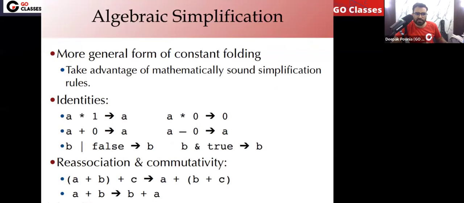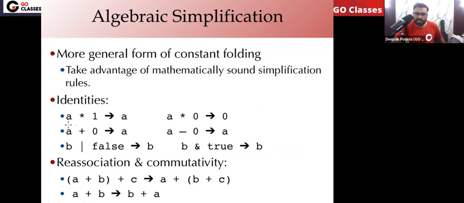Let's see the next optimization, that is algebraic simplification. You can use the algebraic rules, algebraic theorems, and you can do some simplification at the compile time. Very simple. At the compile time, we can take advantage of some mathematical theorems, some mathematical simplifications.